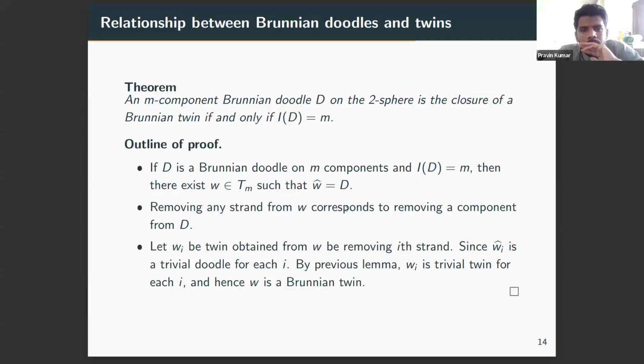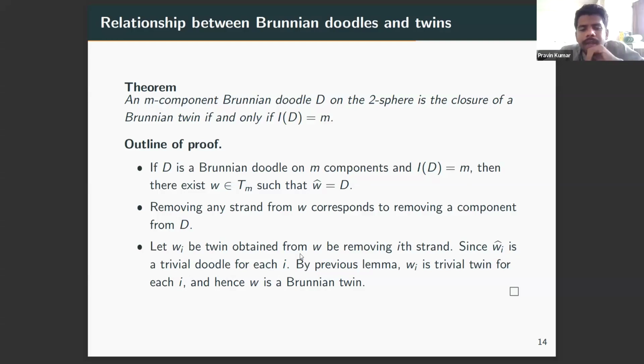Okay. So what I need to show now is that this W is a Brownian twin. So let Wi be a twin obtained from W by removing the ith strand. I need to show that this Wi is a trivial twin. Its closure is a trivial doodle for each i because my D is a Brownian doodle.